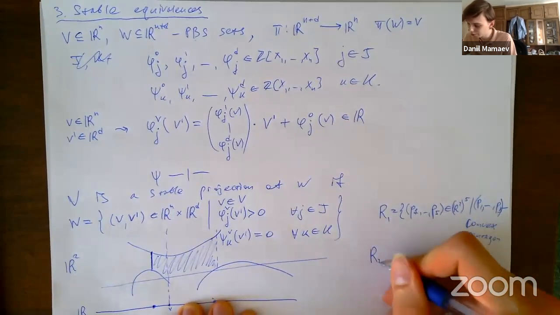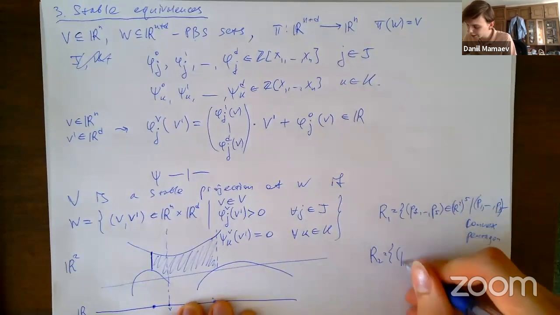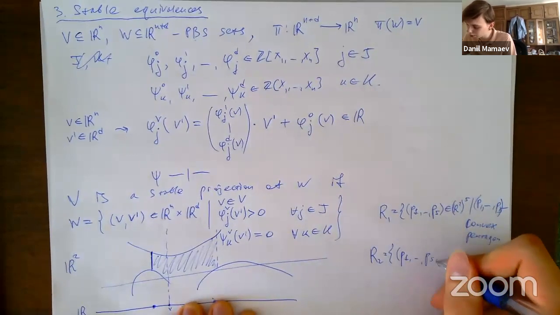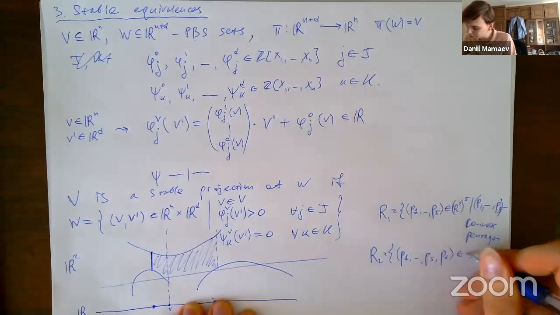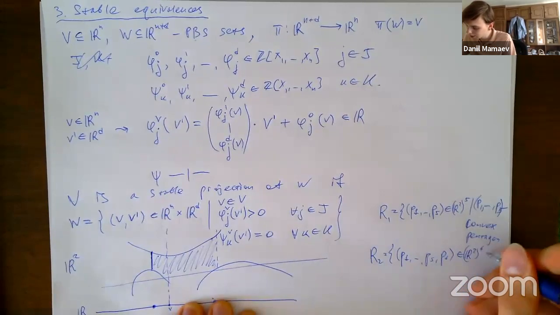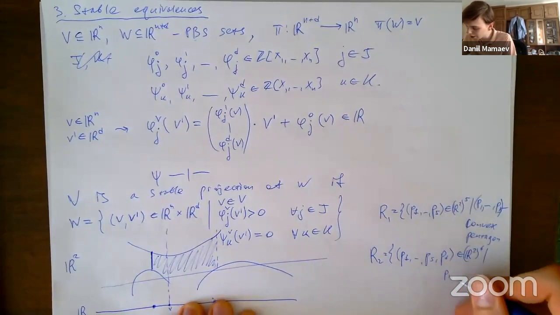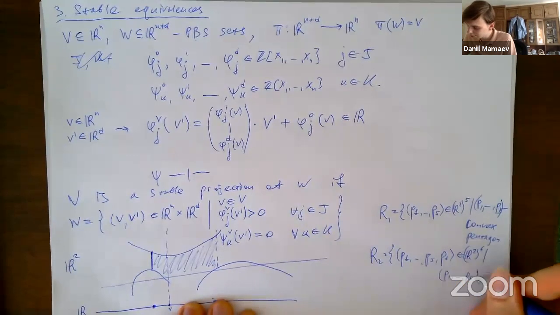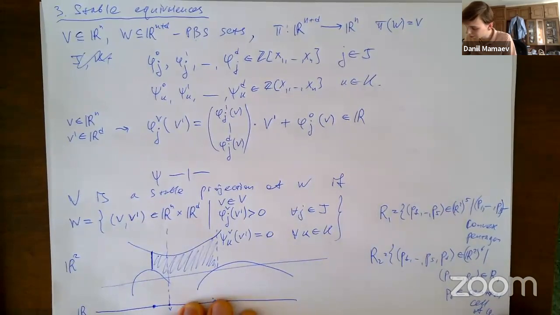And for R2, we just add one more point, such that P1, ..., P5 is a convex pentagon, and P6 sits in a central cell of P1, ..., P5.